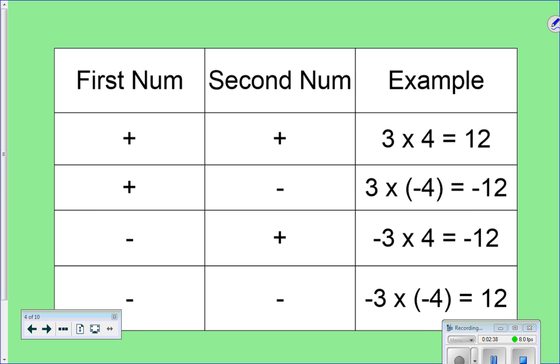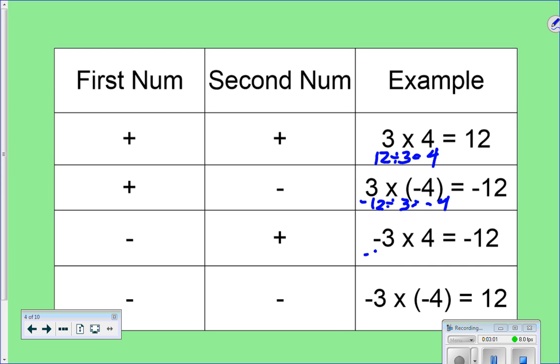Yes, it's for both multiplication and division. If I put a division sign in here and go backwards, 12 divided by 3, my answer is going to be 4. Positives, right? If I do negative 12 divided by negative 4, let's do 3, my answer is going to be negative 4.